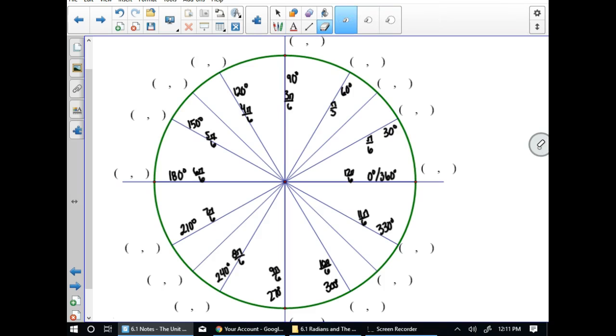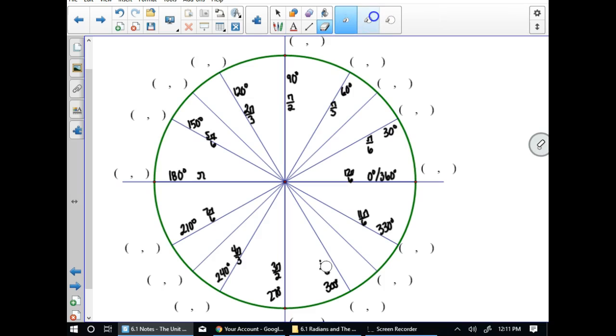Instead of 3 pi over 6, I'm going to erase that. 3 over 6 reduces to 1 over 2, so pi over 2. 4 pi over 6, what does it reduce to? 2 pi over 3. 6 pi over 6 is just pi. 8 pi over 6 is 4 pi over 3. 9 pi over 6 reduces to 3 pi over 2.